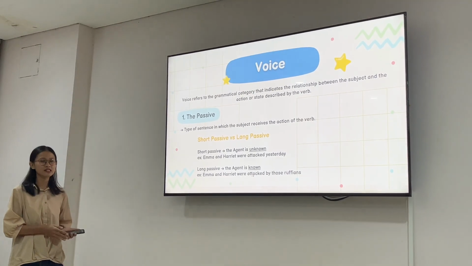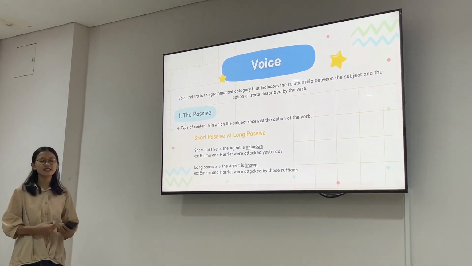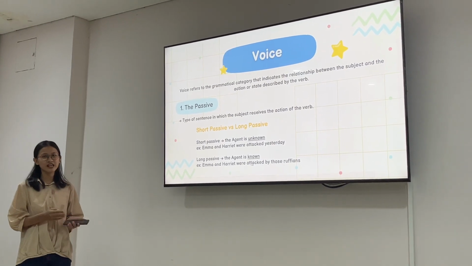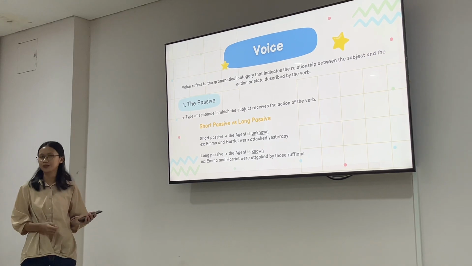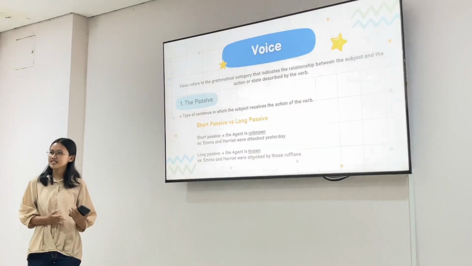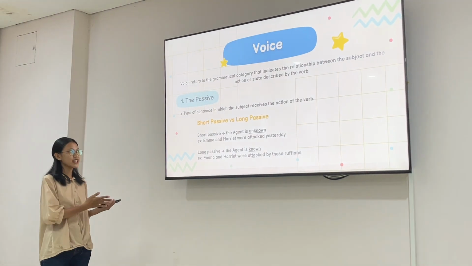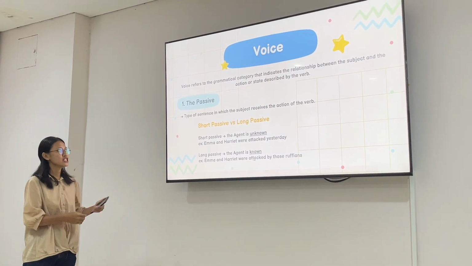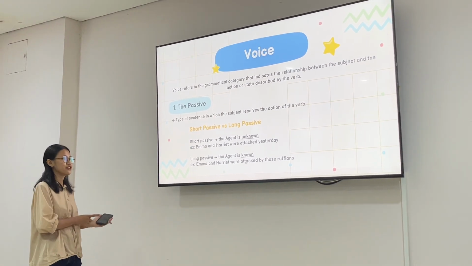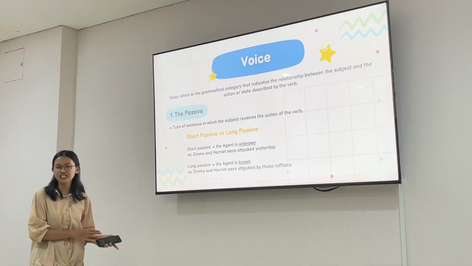The passive is a type of sentence where the subject receives the action, or we can say here that the subject can be called the patient. Based on the presence of the agent, we can categorize the passive into the short passive and long passive. So short passive is simply when the agent is unknown.